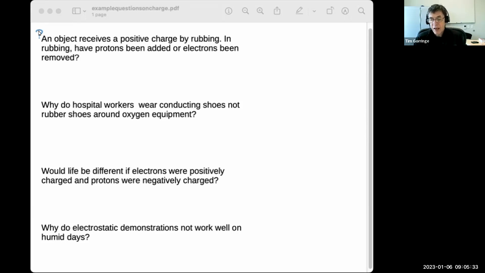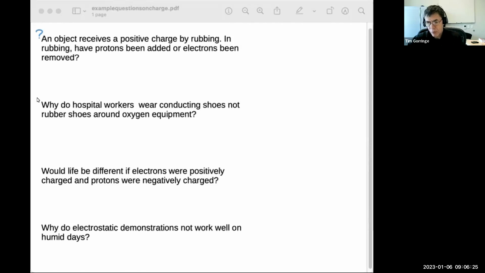On the other hand, protons are much more tightly bound in the core of the atoms of the molecules that the material is made up of. And also, protons are much heavier than electrons. So for those two reasons, the protons being tightly bound and the protons being heavy, they don't get moved around when you charge by rubbing.